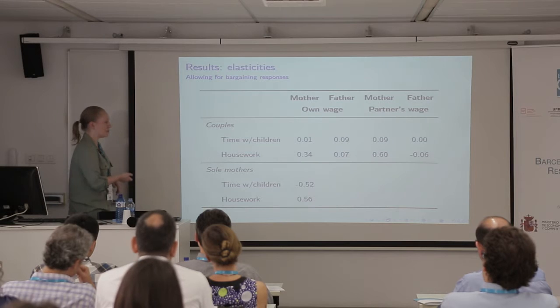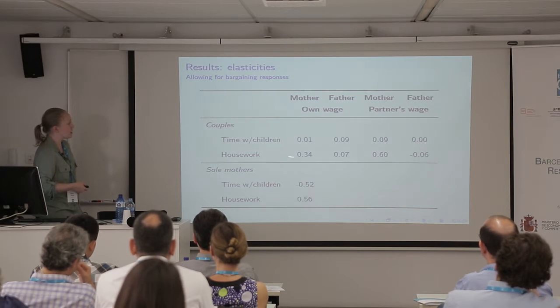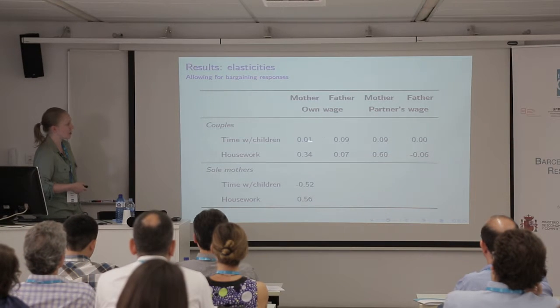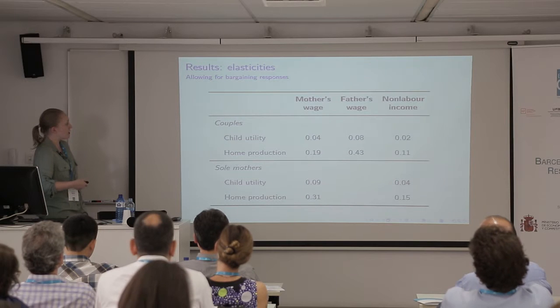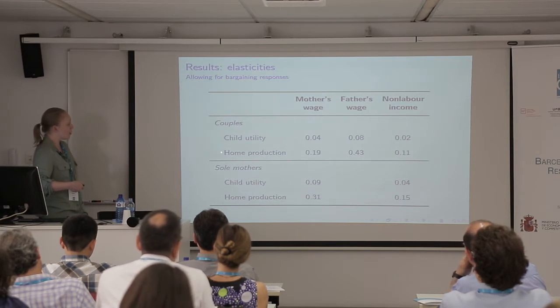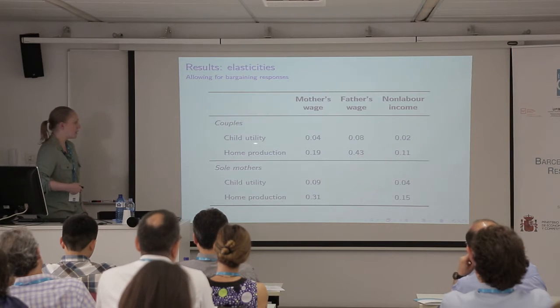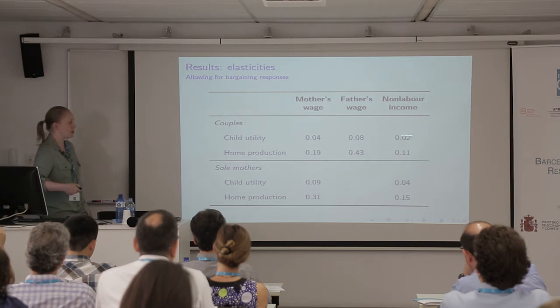Maybe, I'm not sure. So I think the interesting thing to note here is that you can see that housework is actually much more responsive to the wage than time with children is. And then if we go to think about the elasticity of the child utility function and the home production function with respect to the wages, you can see that home production is much more elastic with respect to the wages and non-labour income than the child utility function is.